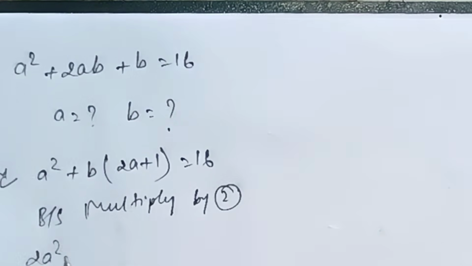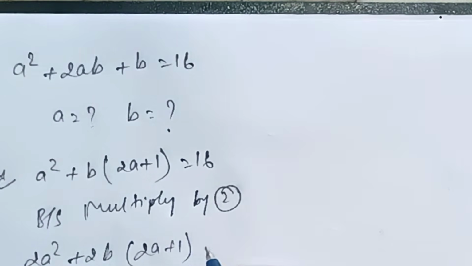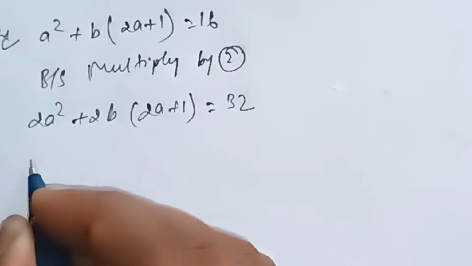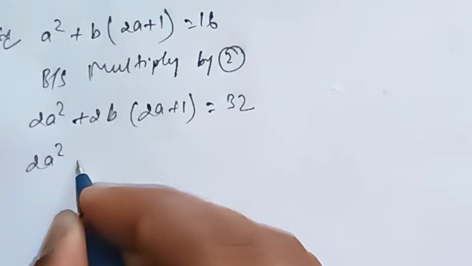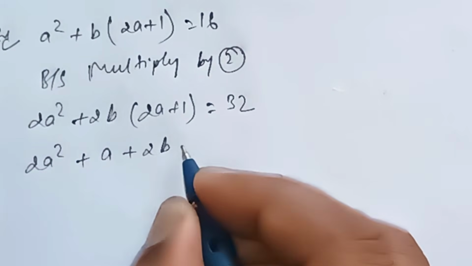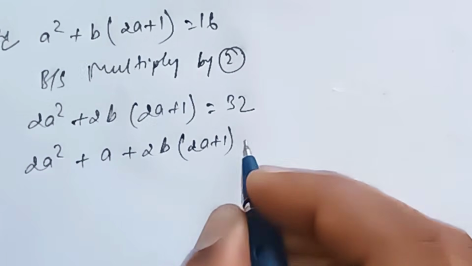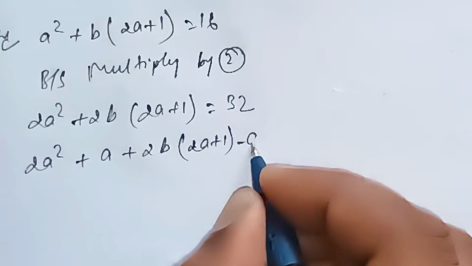Therefore, 2a squared plus 2b(2a plus 1) is equal to 16 times 2, that is 32.